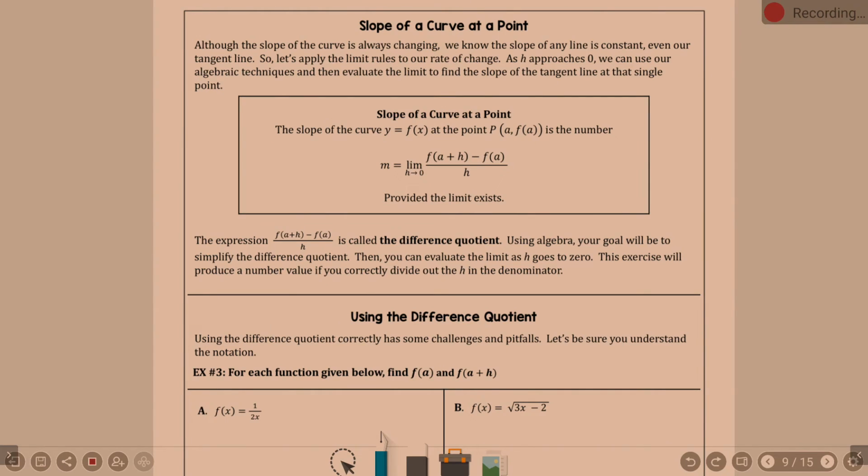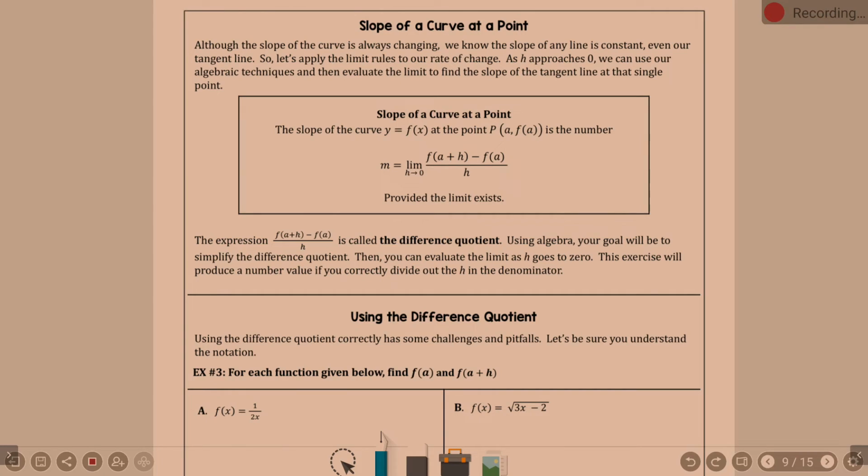Although the slope of the curve is always changing, as we talked about, every point of the curve is going to have a different slope. We know the slope of any line is constant, even our tangent line. So let's apply the limit rules we just talked about to our rate of change. As h approaches 0, we can use our algebraic techniques and then evaluate the limit to find the slope of the tangent line at that single point.